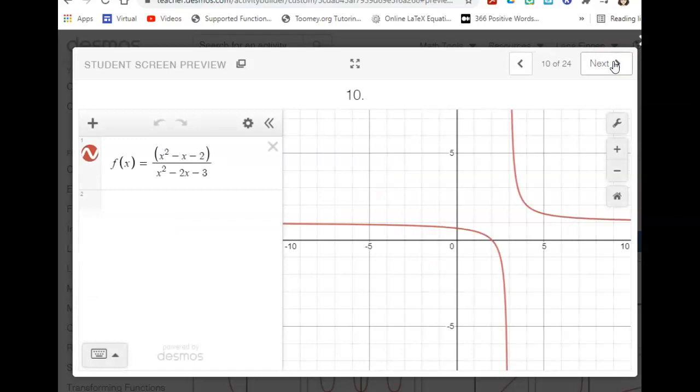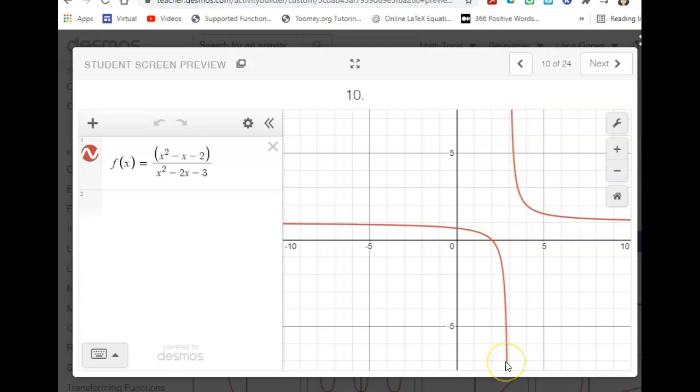All right, let's look at number 10. The limit as x approaches 3. That looks like right here. You could graph it in if you wanted to. So think about, what is the limit as x approaches 3? As I approach from the left, it's negative infinity. As I approach from the right, it's infinity.